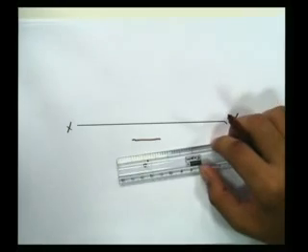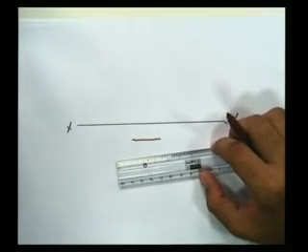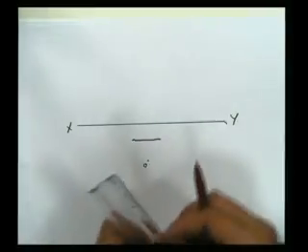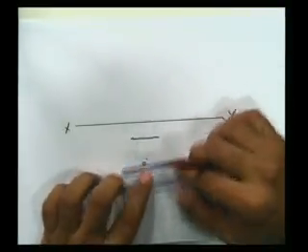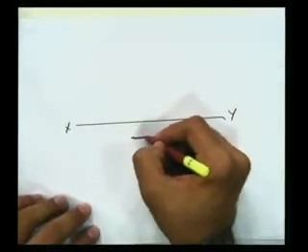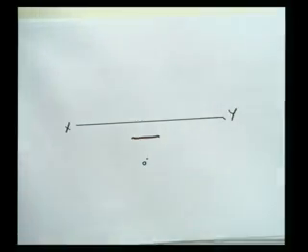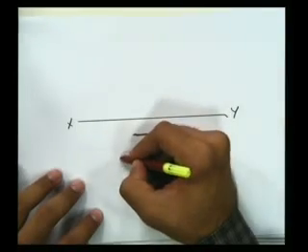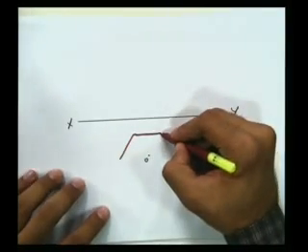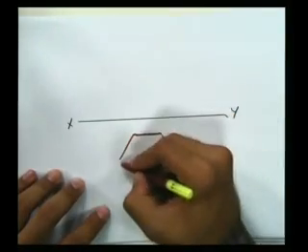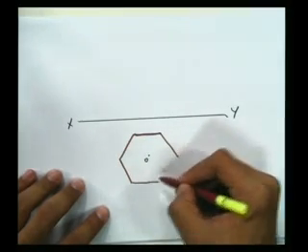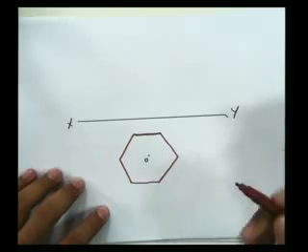The side given is 25 mm, meaning 2.5 centimeters. So this is a bit bigger than that. Okay, this is 2.5 centimeters. Now on both sides, again 2.5 centimeters, 2.5 centimeters, 2.5 centimeters, and 2.5 centimeters.